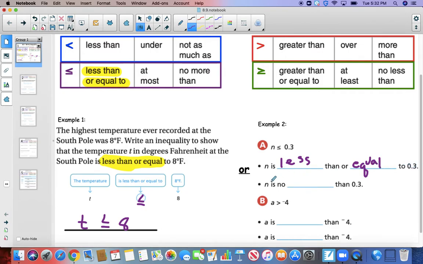We could also say N is no more than 3/10. Both work. So if you're being asked today to write words, what they want you to do is take this inequality and turn it into a sentence.